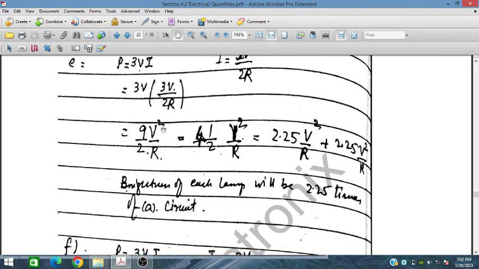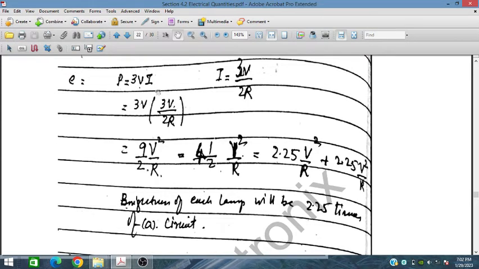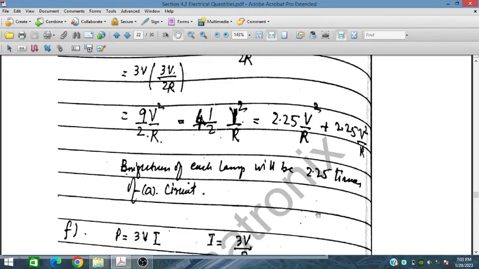The brightness will be more than double, because this is 3V and I is 3V upon 2R. So this is 9V square upon 2R. So every lamp will glow 2.25 times. So the brightness will be more.